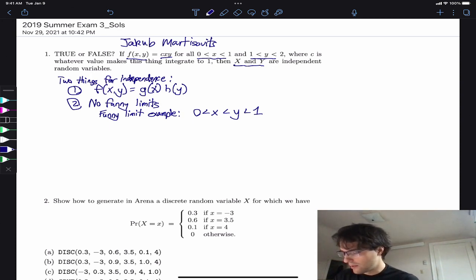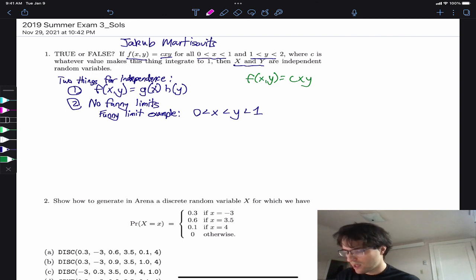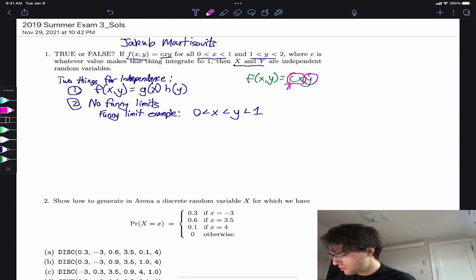In this case, if we actually start looking at this one, f of x comma y is equal to c x y, and we can split this up: this piece will be our g of x, and this will be our h of y, so that meets the first condition for independence.